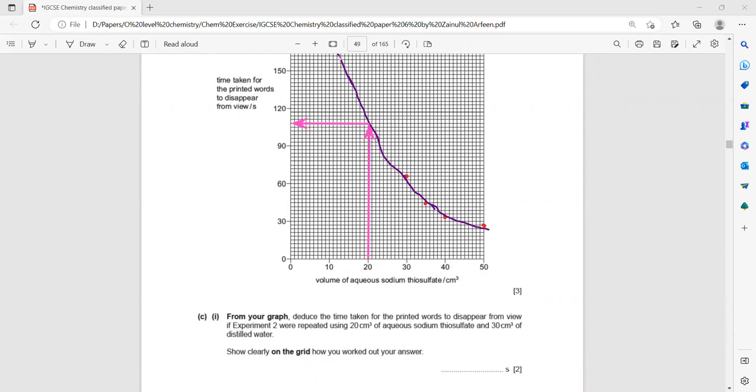On the y-axis, each box represents 3, so 93, 96, 99, 102, 105, 108. So this will be 108 seconds. Is it clear? Yes, sir, clear.